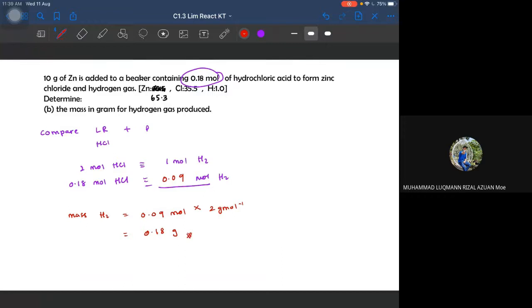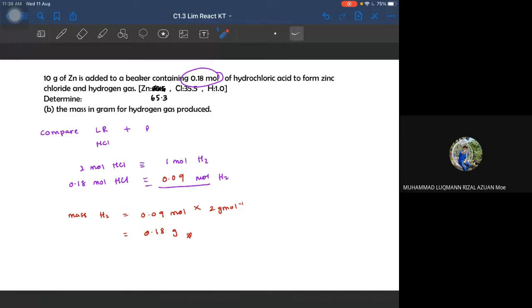So remember, kalau nak tengok penghasilan produk, kita mesti compare dengan limiting reactant. Back to dia punya definition: limiting reactant akan limit the amount of product. So bila kita nak cari berapa amount of product form, mesti always refer to the limiting reactant.